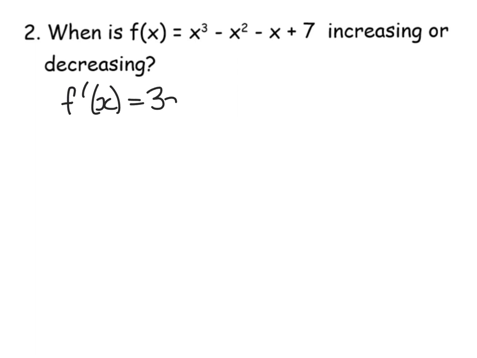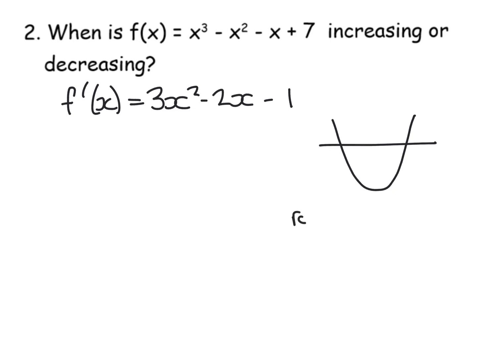This will give us 3x squared, take away 2x, take away 1. Now we want to know what f dashed x looks like here. So f dashed x is actually giving us a quadratic. Now this is a smiley face quadratic, and we're going to go find our roots for this quadratic. For the roots, you put your quadratic equal to 0 and you factorise.